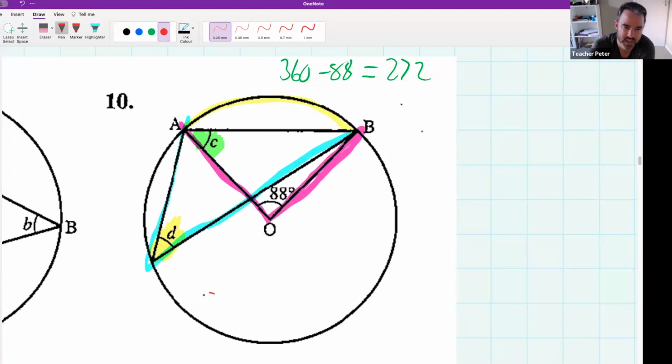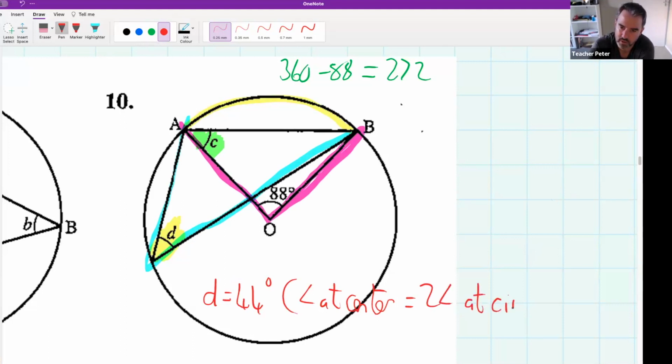So what we're going to say is that D is equal to 44 degrees, and the official reason would be angle at center is twice angle at circumference.